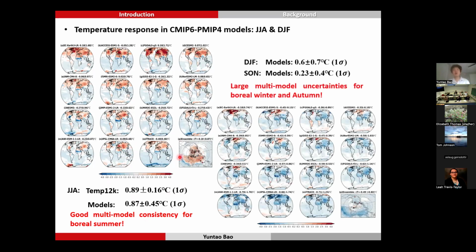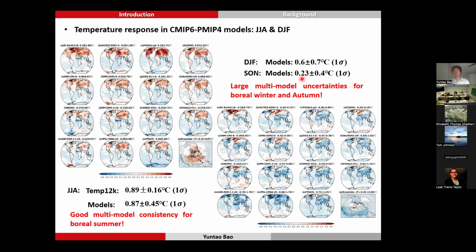But for other seasons, for example the boreal winter and autumn, you can see the model uncertainties exceed the model ensemble signals. For example, in DJF, the model uncertainty is 0.7, but the ensemble signal is 0.6. And in SON, the boreal autumn model signal is 0.2, but the uncertainty is twice the signal.